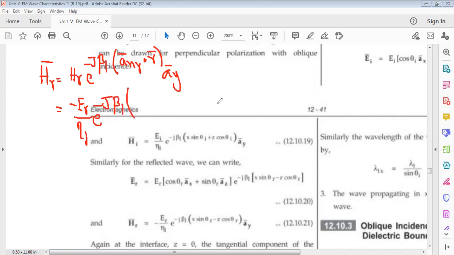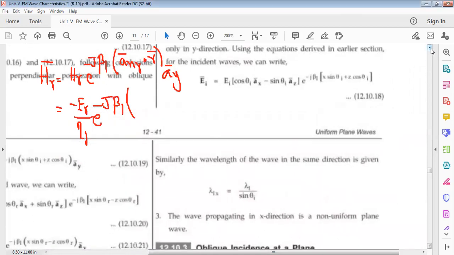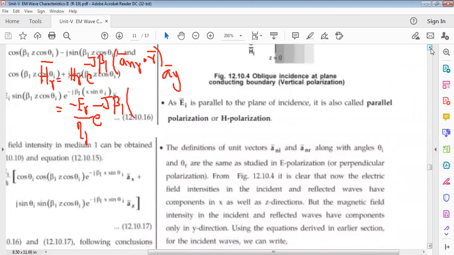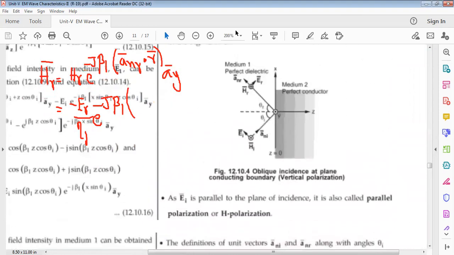What is a_nr bar? Let's see the diagram and draw a right angle triangle here. The theta is there. Opposite side we will get sin theta, adjacent side is cos theta. So this is the starting point we have.